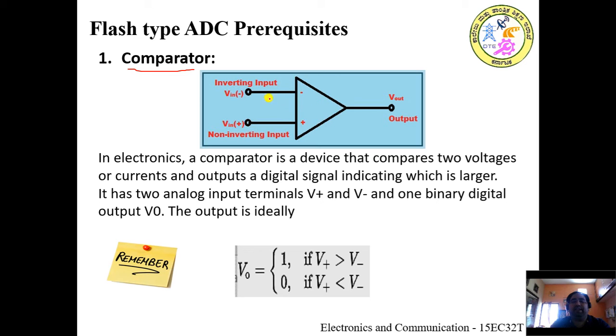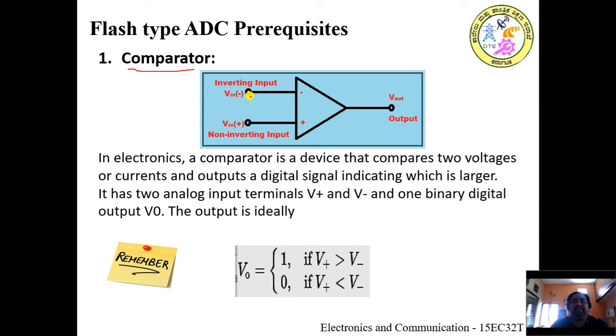So here in the comparator, as you can see, there are two inputs. These are the two inputs where the two voltages or the two currents which are to be compared are given as inputs. This comparator does the comparison function, and finally it gives an output through this terminal. It gives a digital output, either a logic 1 or logic 0, depending on the comparison.